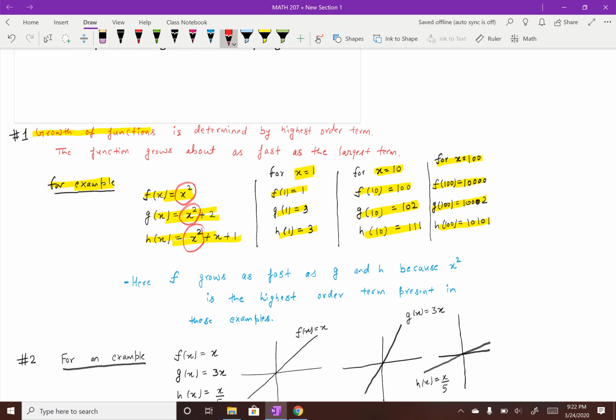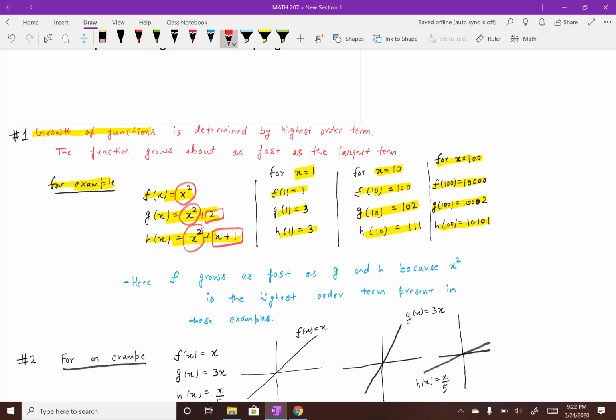So we can conclude that for the growth of a function, the small order terms, like the 2 here in this function g of x, and the small order term like x plus 1 here in this function h of x, are not playing a role in the growth of the function.